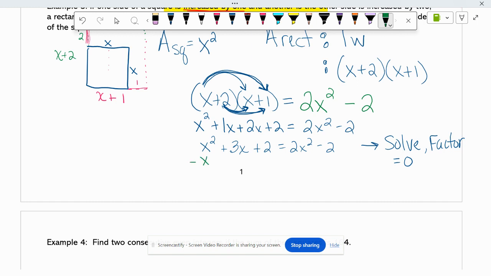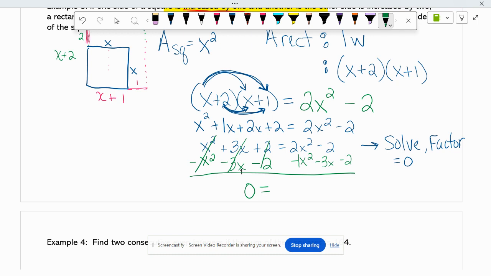How about you stand up? I know. Stand up. X squared plus 3x plus 2. We're going to do that on both sides. Minus x squared minus 3x minus 2. So x squared minus x squared, those cancel out. 0 equals, what is 2x squared minus 1x squared?